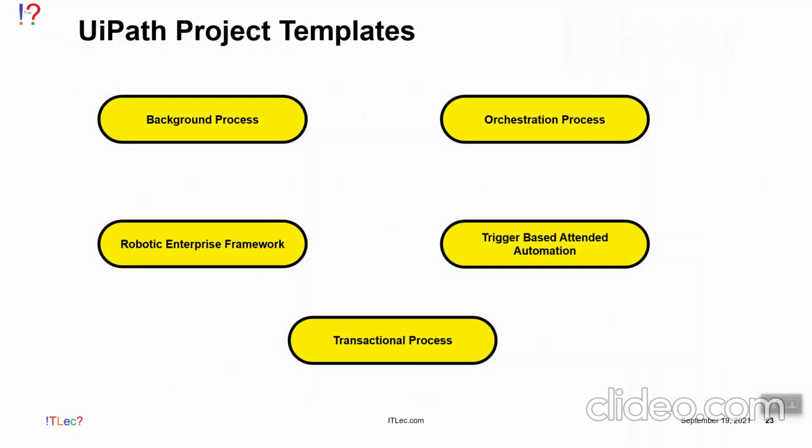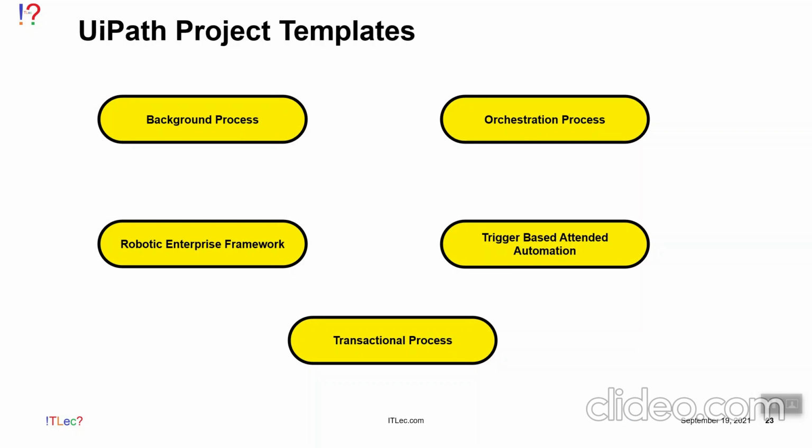When we start to create a UiPath project, we have multiple project templates. We have background process, orchestration process, robotic enterprise framework, trigger-based attended automation, and transaction process. And if we are working in a very basic scenario, we usually use a blank project.